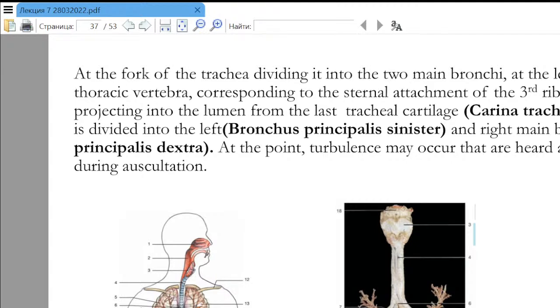This is the trachea, this is the bronchi, right and left.